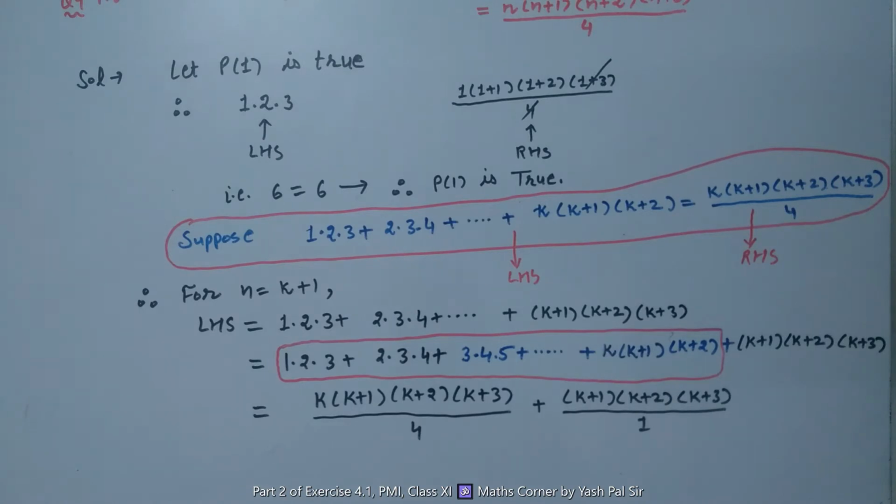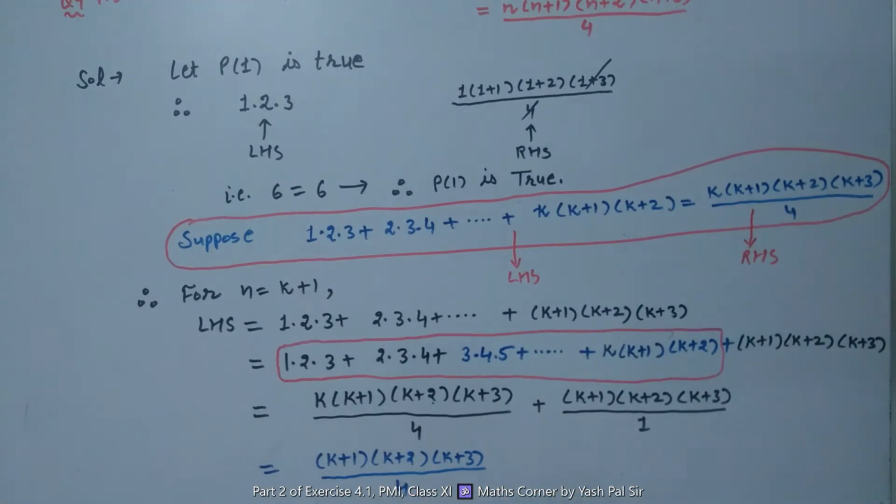We can take (k plus 1)(k plus 2)(k plus 3) common. Writing these common factors outside, moreover the denominator 4 is also taken outside the bracket.